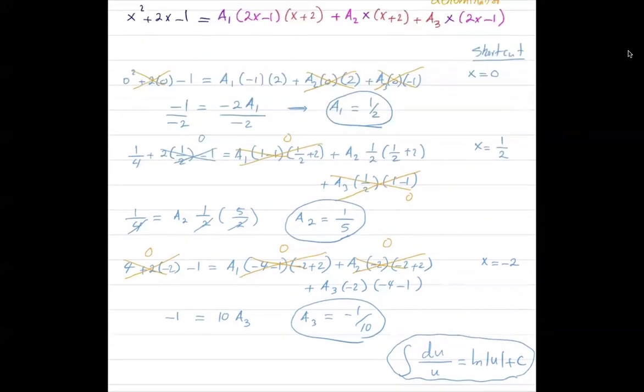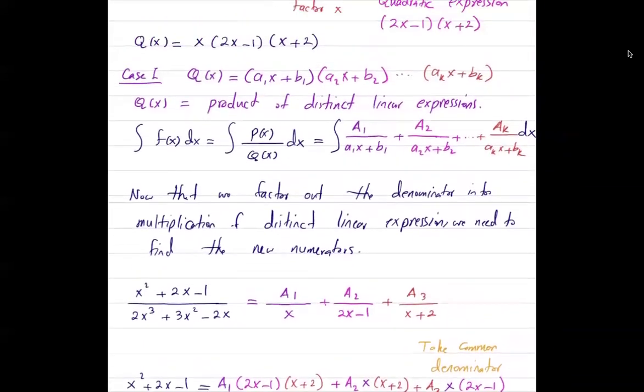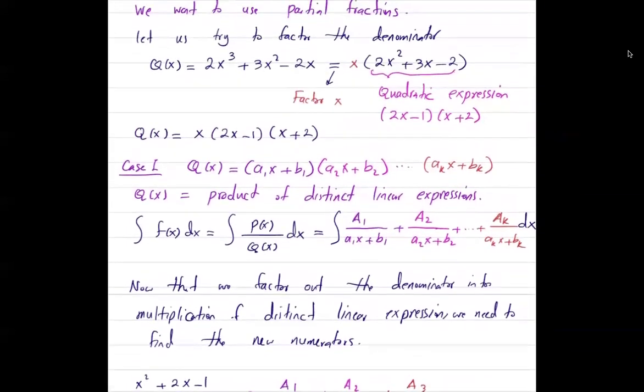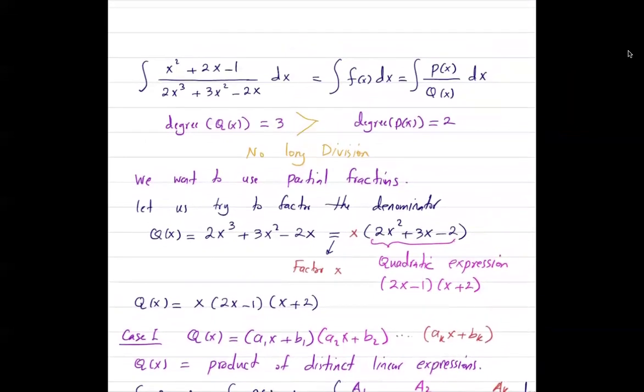So let us go up and summarize this. Here we wanted to take the integral of x squared plus 2x minus 1 divided by 2x cubed plus 3x squared minus 2x dx. This is basically p of x divided by q of x. Since the degree of the denominator is more than the degree of the numerator, there is no long division involved.